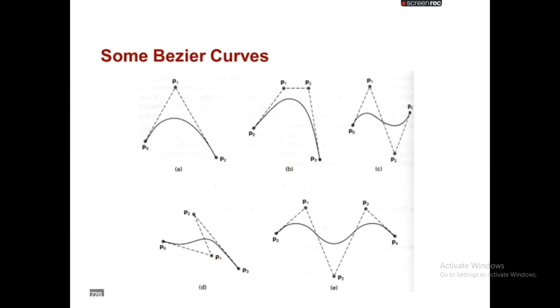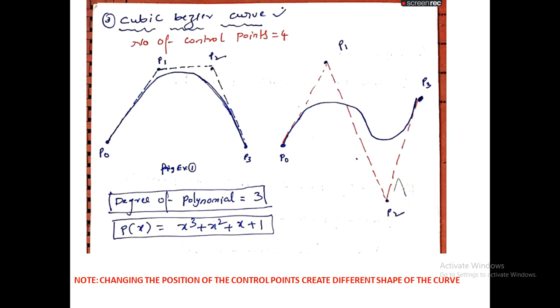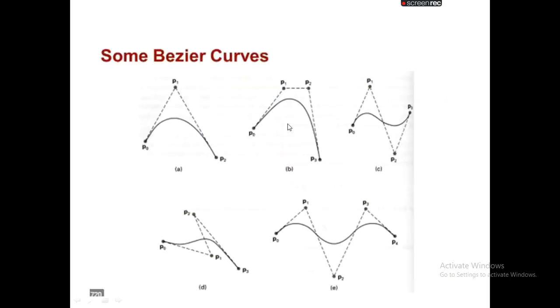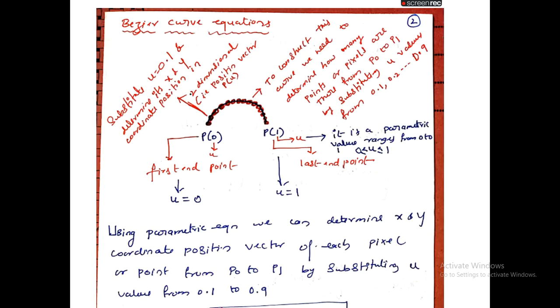If four control points are there, then I said it is a cubic Bezier curve. If five control points are there, this is called the other type of Bezier curve. If only two control points are there, then it is called a simple curve.